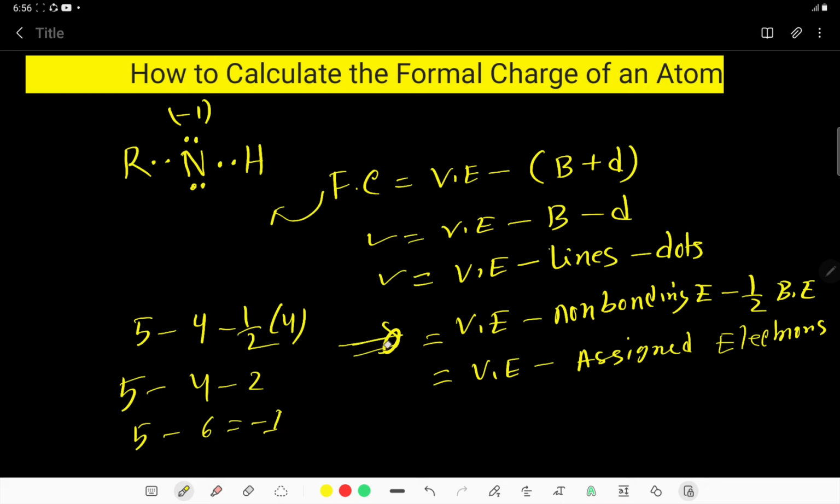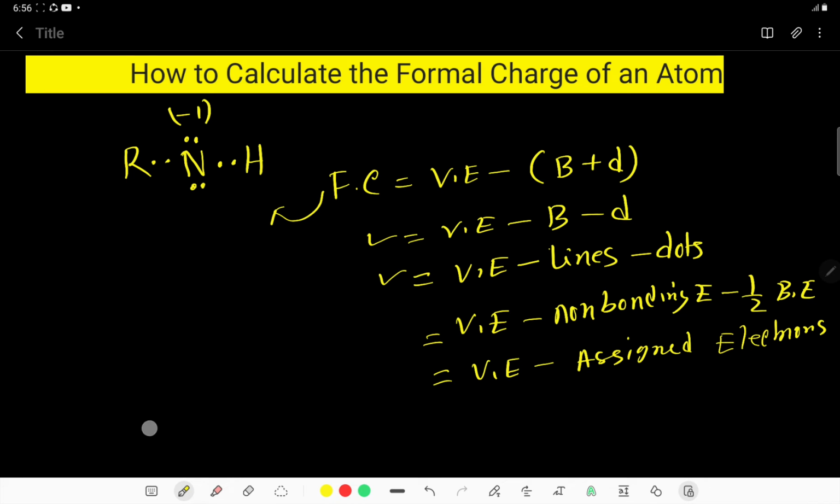Okay, now we'll use this formula: valence electron minus assigned electrons. This formula can be called the circle method, right? This circle includes all the lone pairs but half of the bond pairs.